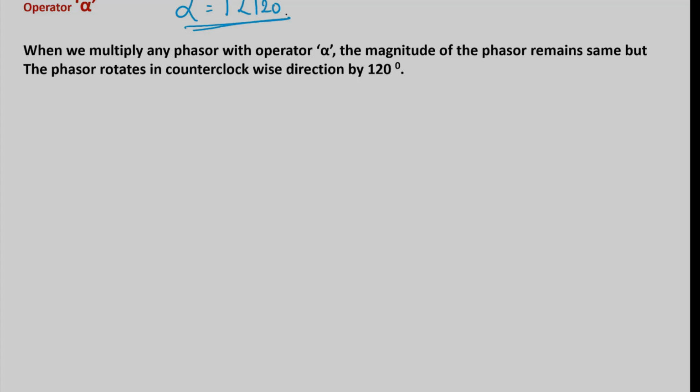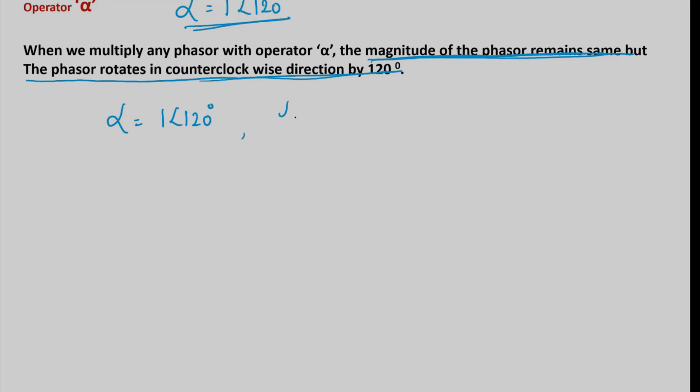It is an operator which, when you multiply it with any phasor, the magnitude of the phasor remains the same, but the phasor rotates in the anti-clockwise direction by 120 degrees. Understand? So alpha is equal to 1 at an angle 120.